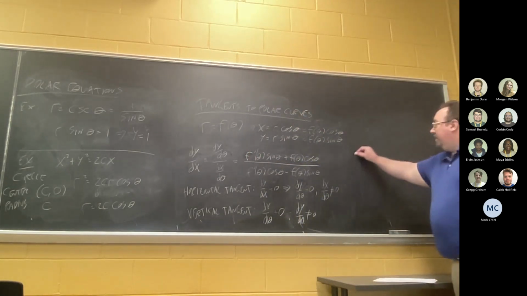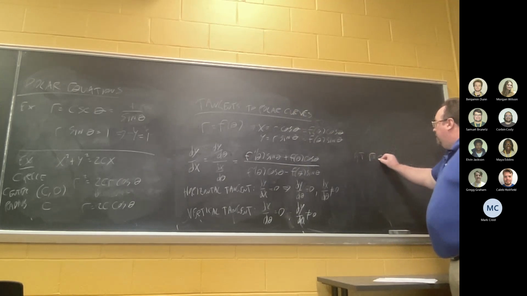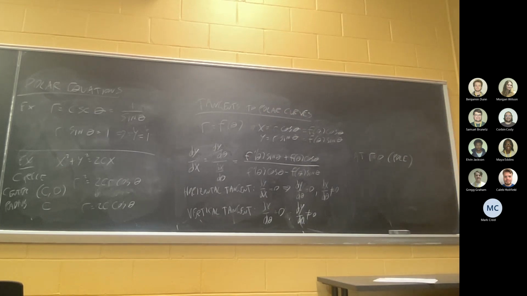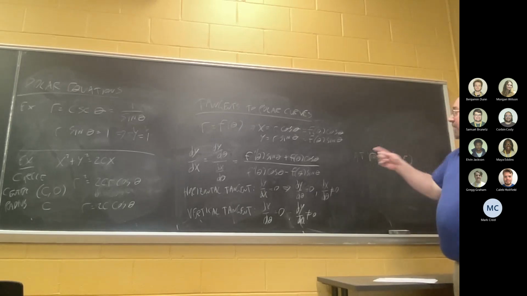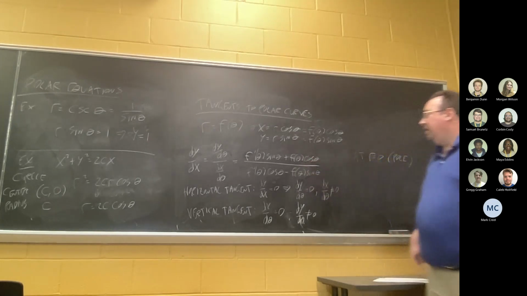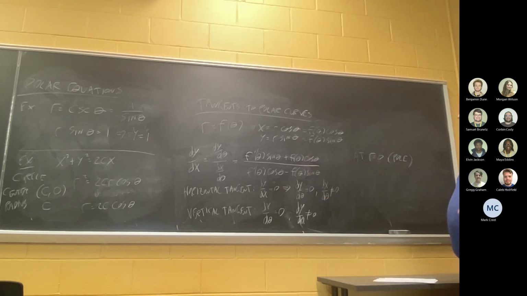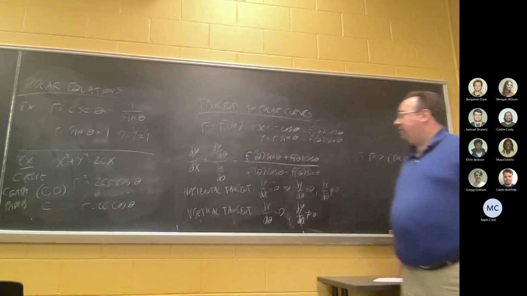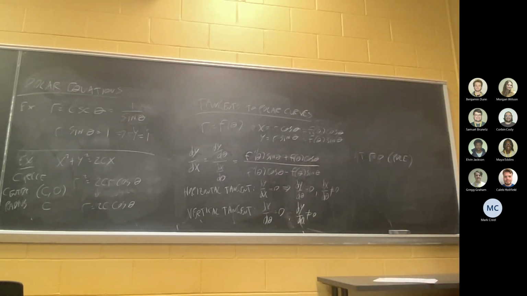And finally, at r equals 0, which is referred to as the pole. So f of theta is 0. So that means that these terms are going to disappear. And then in the other term, f prime of theta is going to cancel out.